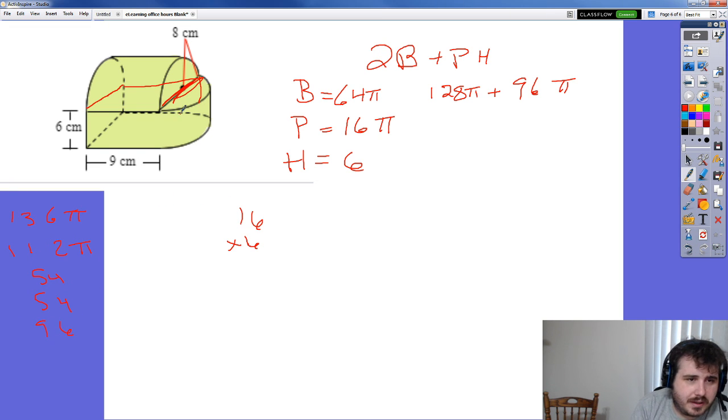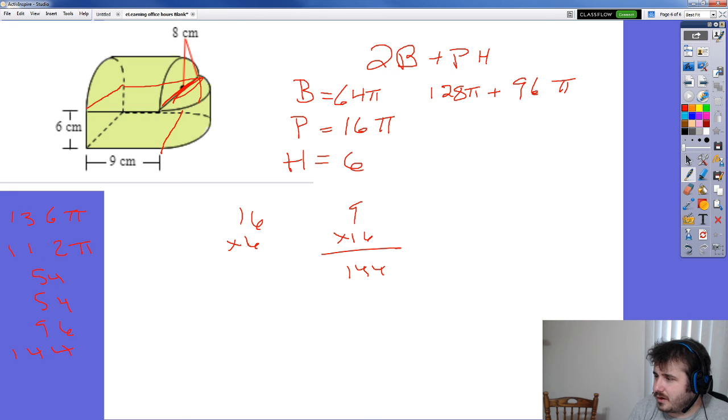And then the bottom here is 9 times 16, which I think we said before was 144. So these are the 1, 2, 3, 4, 5, 6 pieces. And then just add them together.